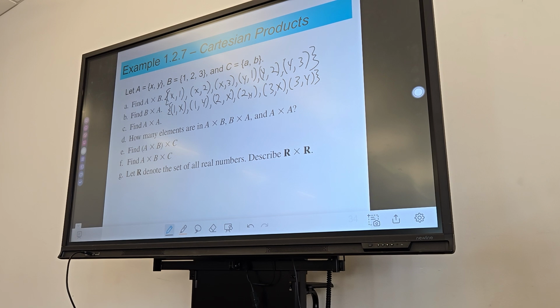A Cartesian product B Cartesian product C. Now, in the first definition, it means an ordered tuple with the number of elements equal to the number of sets in the Cartesian product. So ordered triples would be the result here.